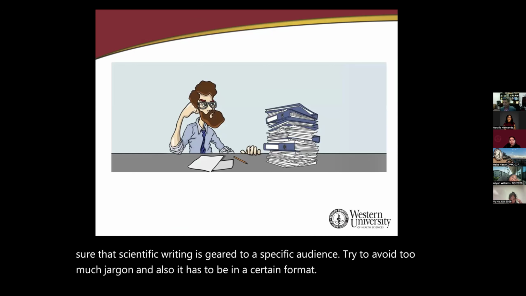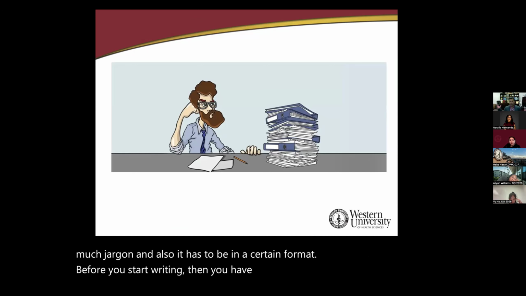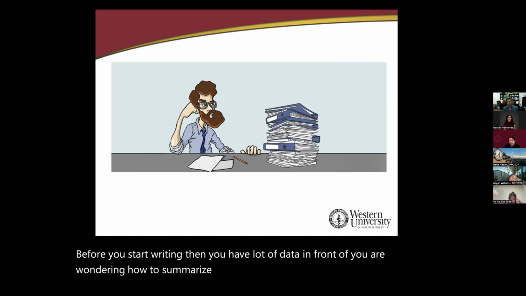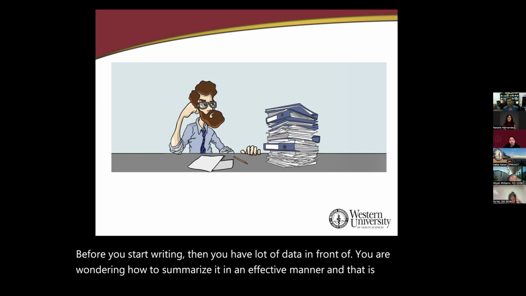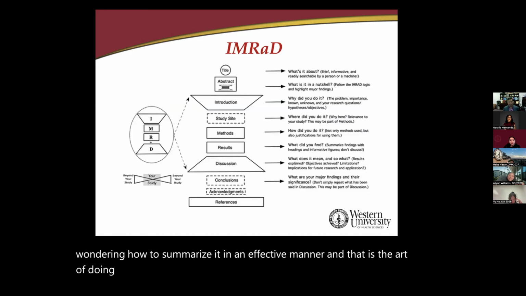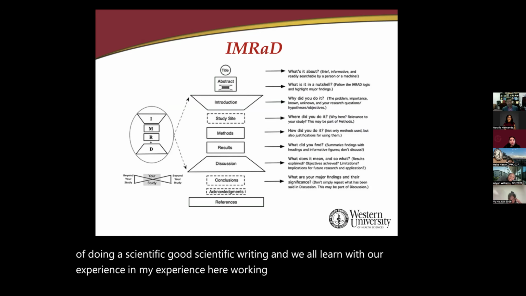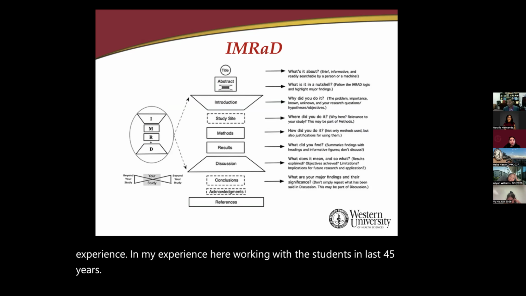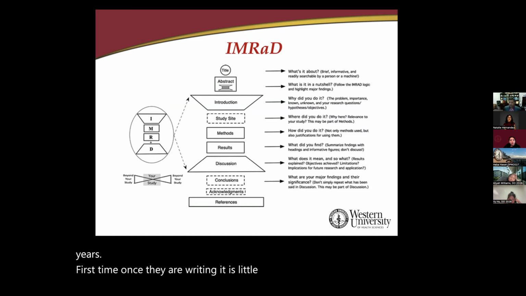Before you start writing, you have a lot of data in front of you. You are wondering how to summarize it in an effective manner. And that is the art of doing good scientific writing. And we all learn with our experience. In my experience working with the students in the last 45 years, the first time they are writing, it is a little bit challenging for them.